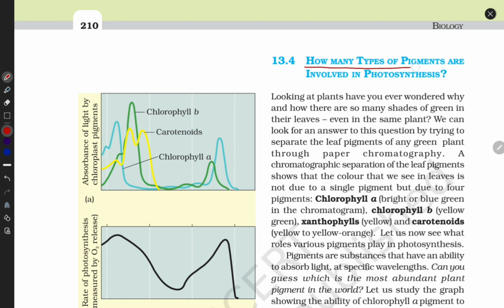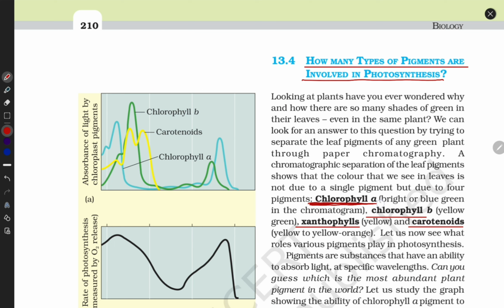So let's start with how many types of photosynthetic pigments are involved in photosynthesis. Here are some names, guys: chlorophyll A, chlorophyll B, xanthophylls, carotenoids, and also phycobilins. Chlorophyll A is the main photosynthetic pigment.